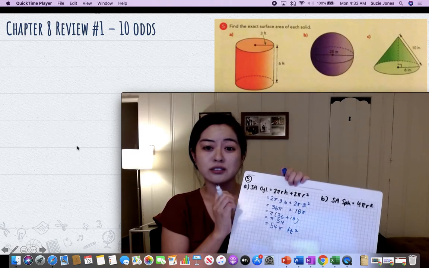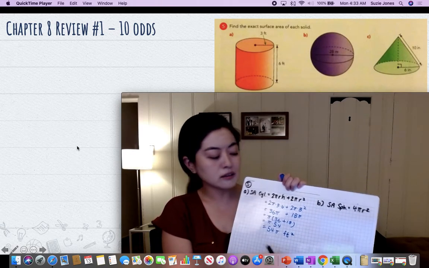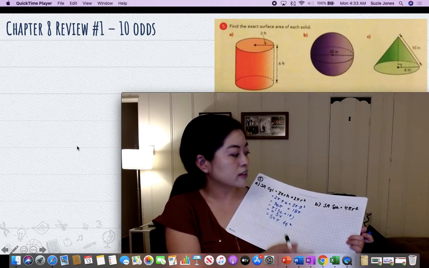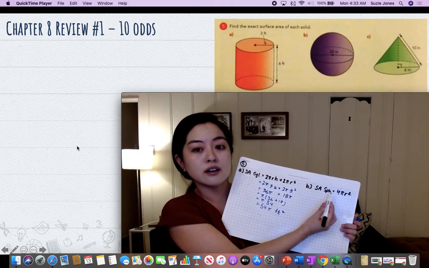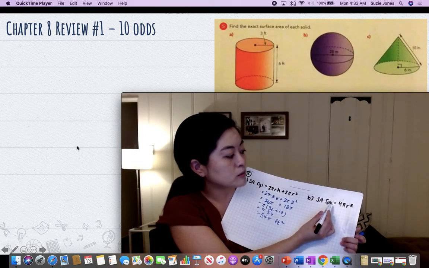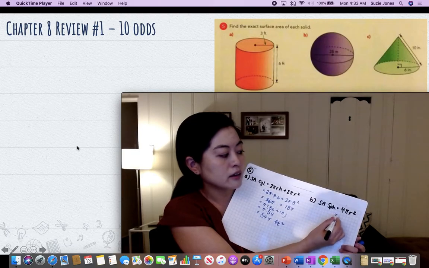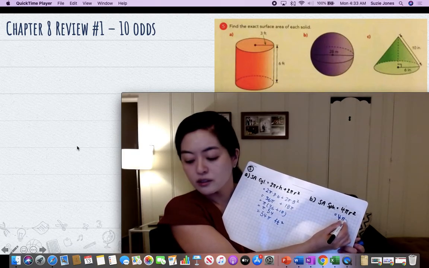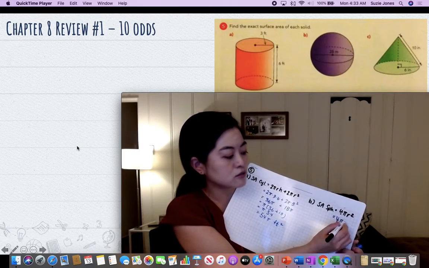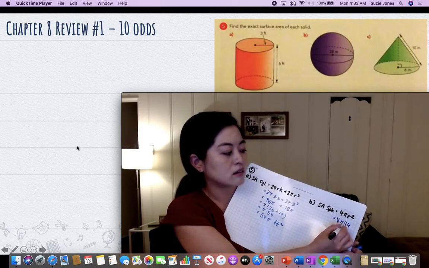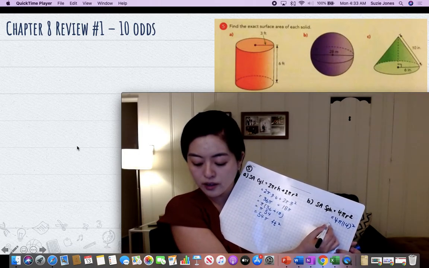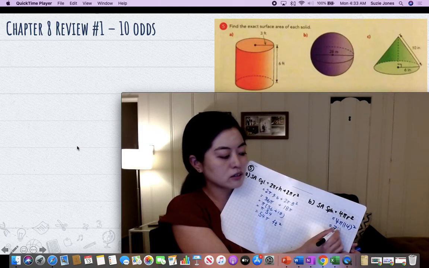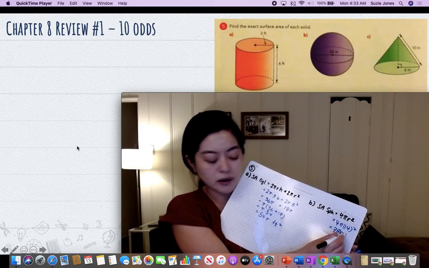All right, so let's go to B. Now B is the surface area of a sphere, which is 4 times pi r squared. And in this case here, r is 14 squared, and then this becomes 784 pi.